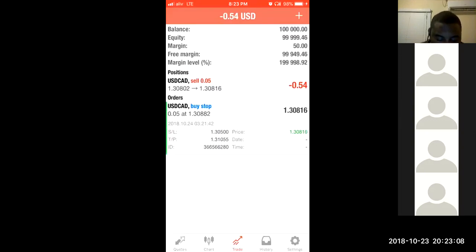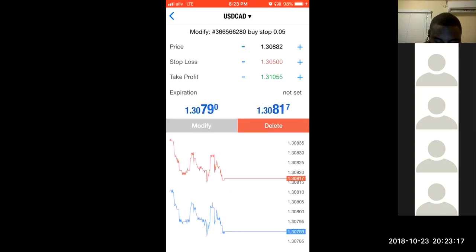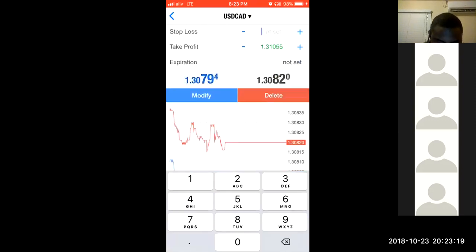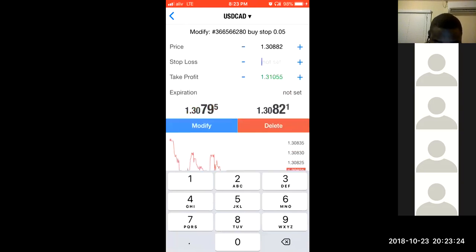I can modify this again. If you can't modify your trade, I mean you're doing something wrong. So we got in at 1.3082, right? So I can put my stop loss higher than my entry point and see if it allows me to do it. You see how the red modify is going dark?